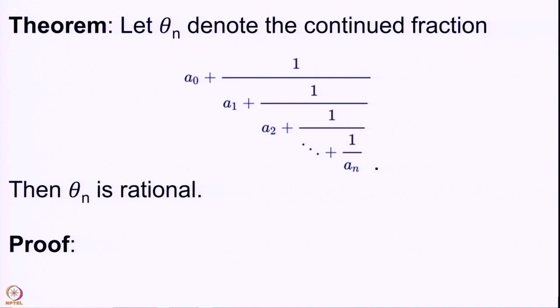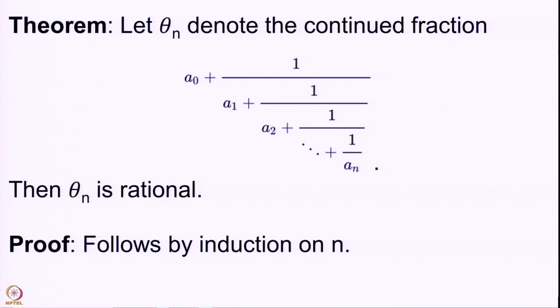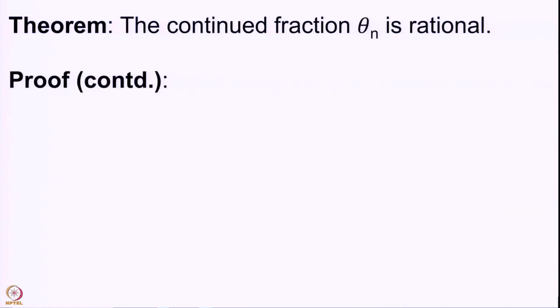Let us see the proof once again. Suppose theta n denotes this continued fraction, then theta n is a rational number, and as one would expect, this proof follows by induction on n. Induction will start with n equal to 0 or n equal to 1, wherever you want. We observe that a0 is of course a rational number, so if n is 0, we are done.